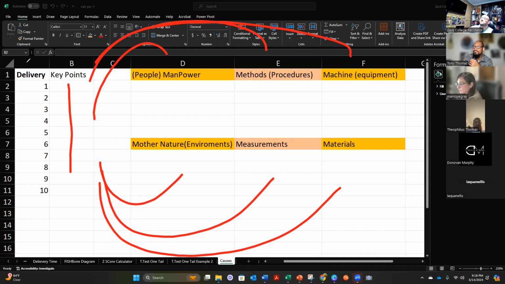So as you start to identify and draw out a fishbone diagram, you can classify it in different ways. I refer to it as coding, right? I'm coding the problem.